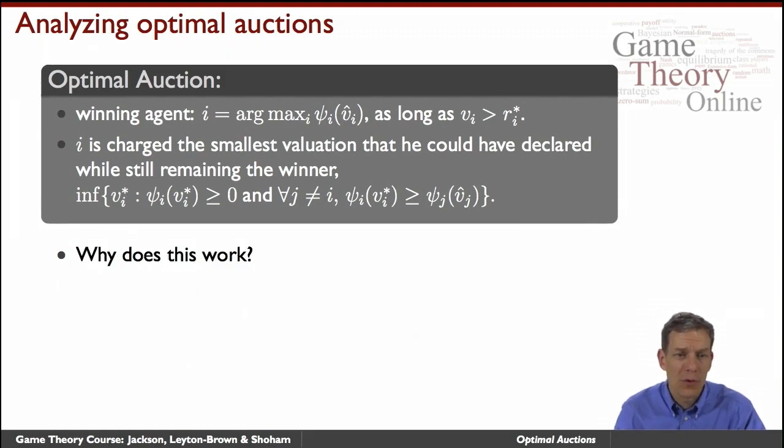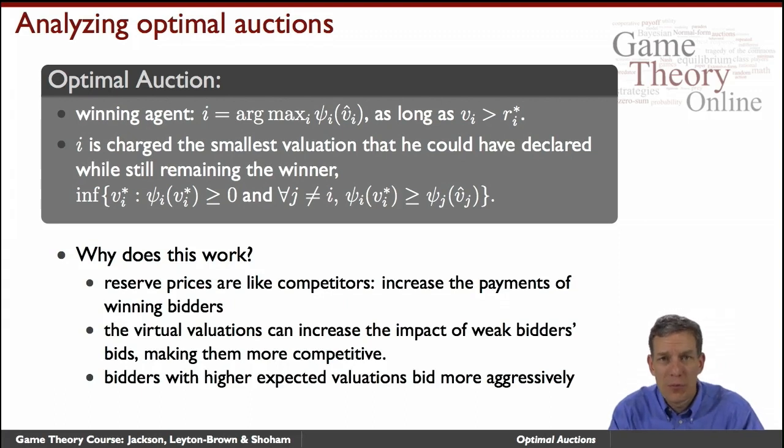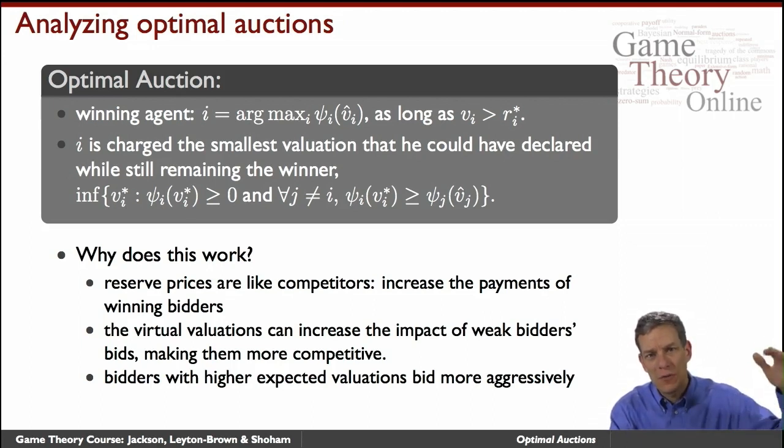Okay, why does this work? What's going on here? Well, reserve prices, again, are like competitors. They increase the payments of the winning bidders. The virtual valuations, why are they playing a role here in terms of deciding who's a winner? Well, if you have strong asymmetries in this auction, if you didn't do anything and you were the seller, it could be that the really weak bidder basically isn't really competing with the strong bidder.